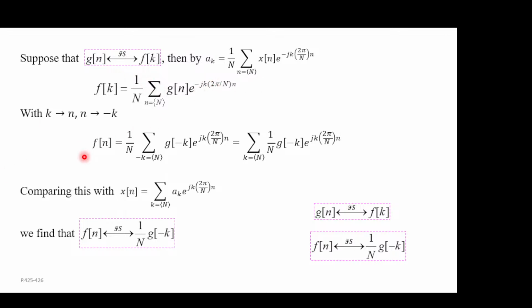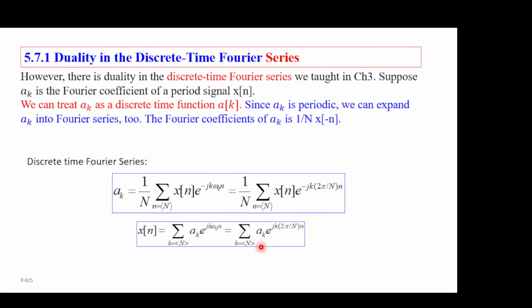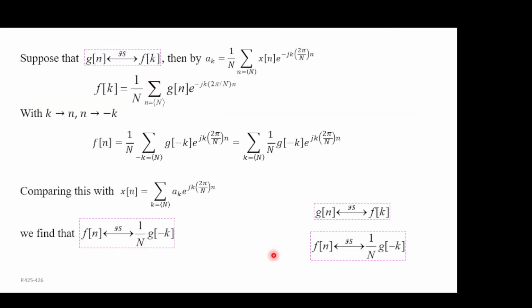And just as we said, we want to make this equation look like this equation. So obviously we want to swap n and k now. Instead of f[k], we want to see what happens if we treat f[k] like f[n]. So we swap k to n and n to k, but also an extra minus sign to make this extra minus sign disappear.